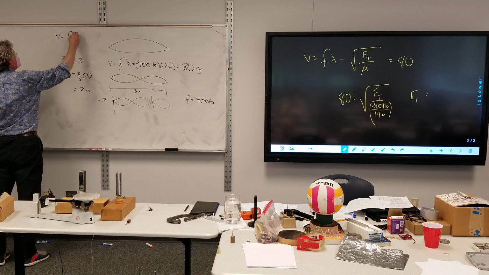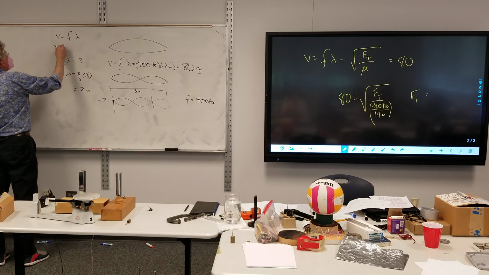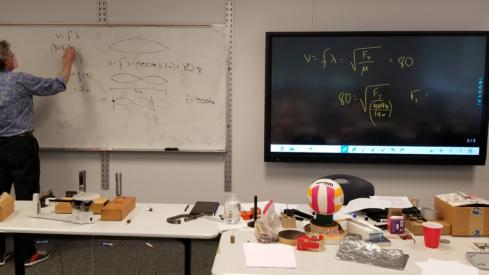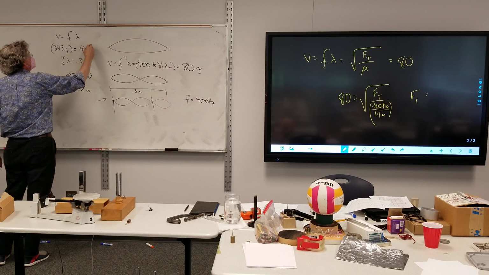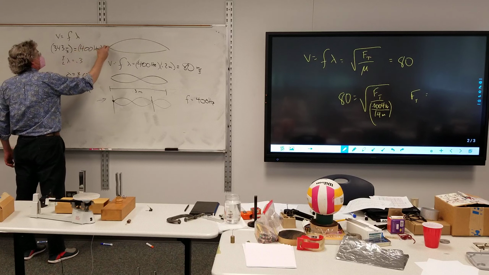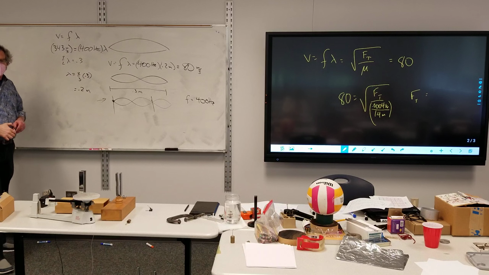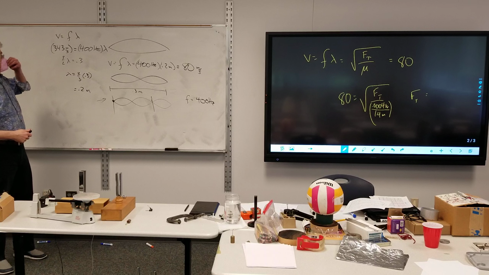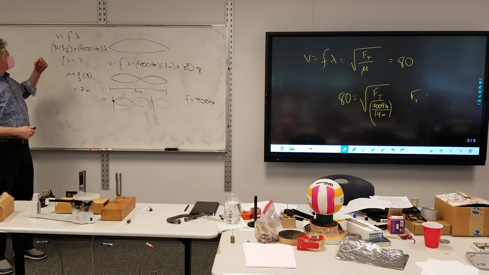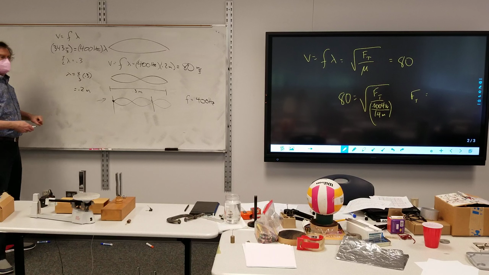V is equal to the frequency times the wavelength. This is 343 meters per second, equal to 400 hertz times the wavelength. So the wavelength of the sound in the air is 0.85 meters-ish.